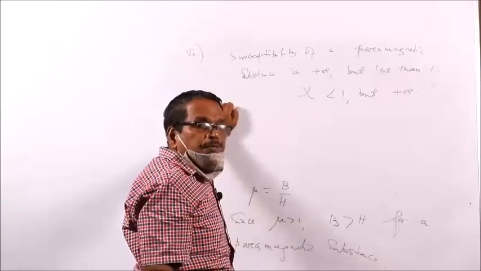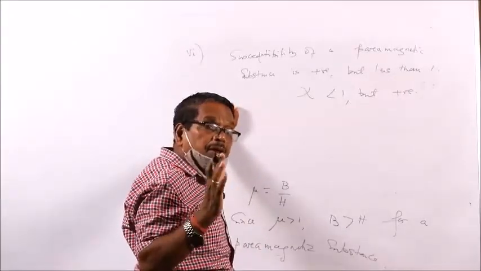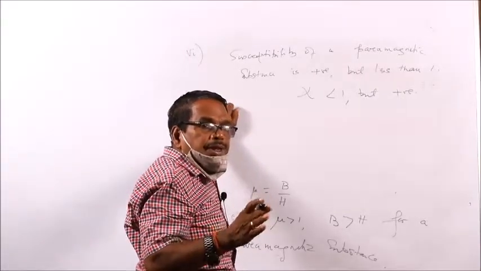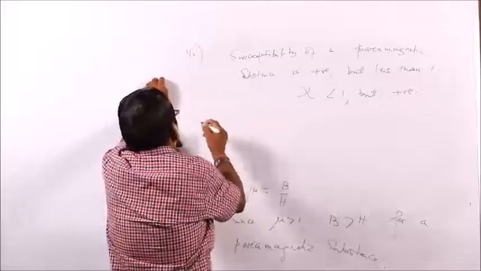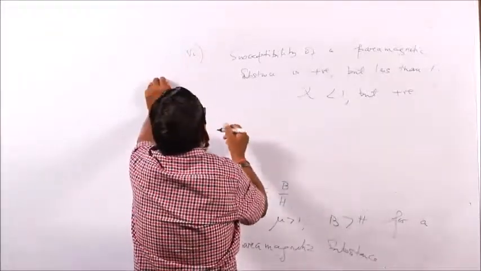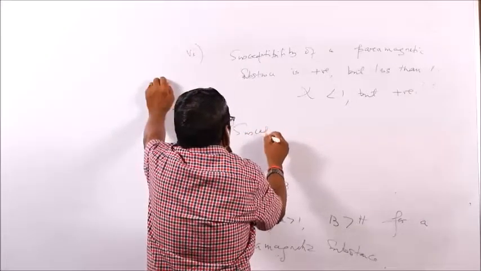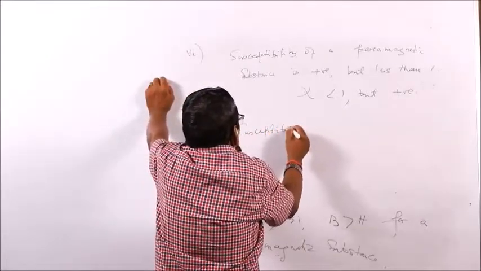How does it depend upon temperature? Diamagnetic susceptibility is independent of temperature, but paramagnetic susceptibility is inversely proportional to absolute temperature. Susceptibility is a very important property.